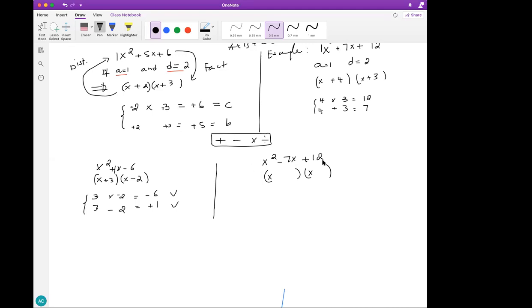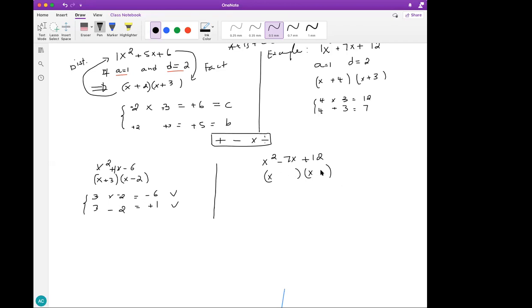Based on what? Based on 1 and 2. You can only write this if you have an invisible 1 here and degree 2. Always check that a has to be 1 and the degree is 2. It's a trinomial, and you write your parentheses.